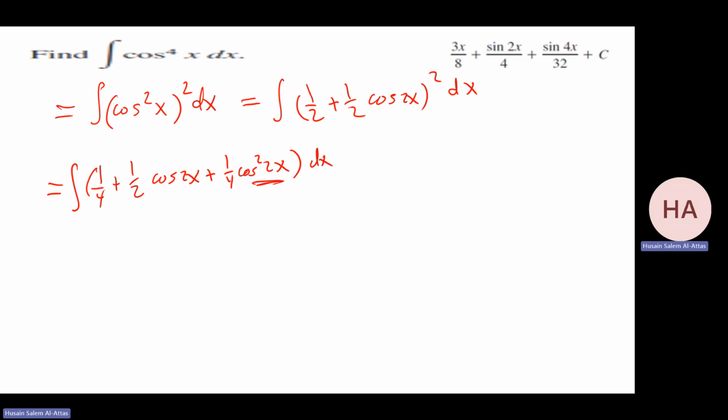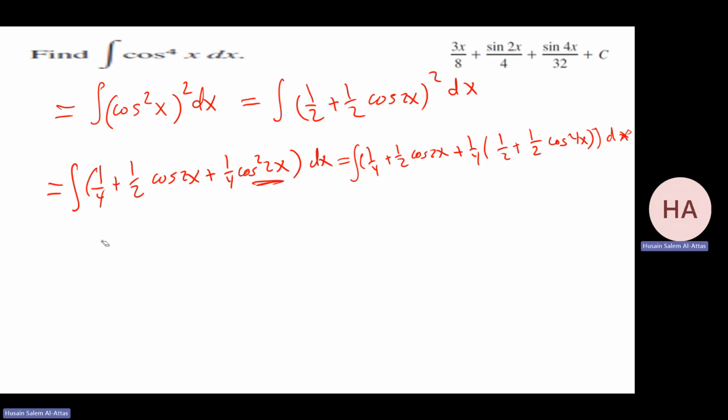I will repeat it again here. So that will be 1 over 4 plus half cosine 2x plus 1 over 4 times half plus half cosine 4x dx.